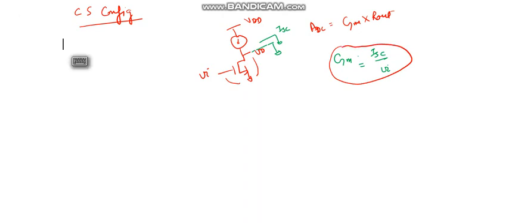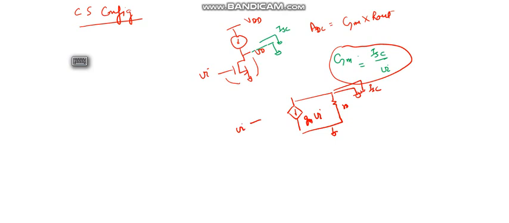Now how will we find Isc? If we draw the small signal model, this is Gm into Vi, here ro, and this is ground. This is also ground, and this is the Isc current. This is Vi.